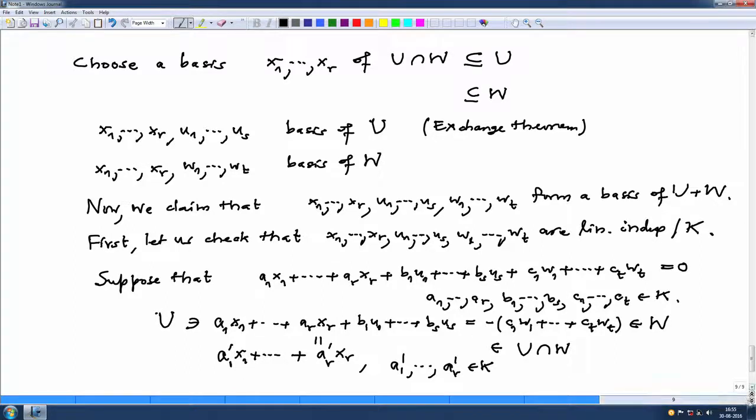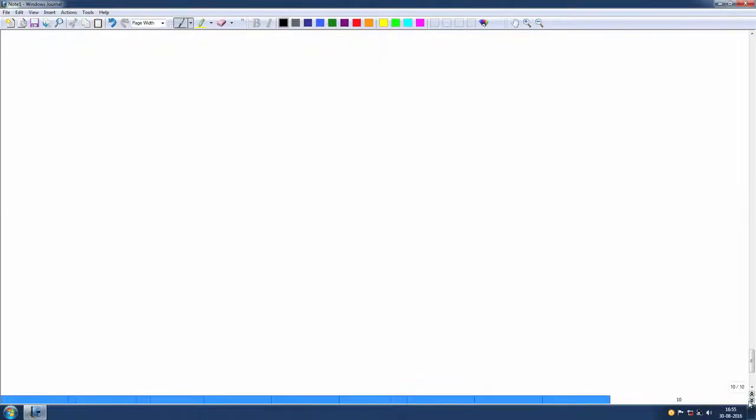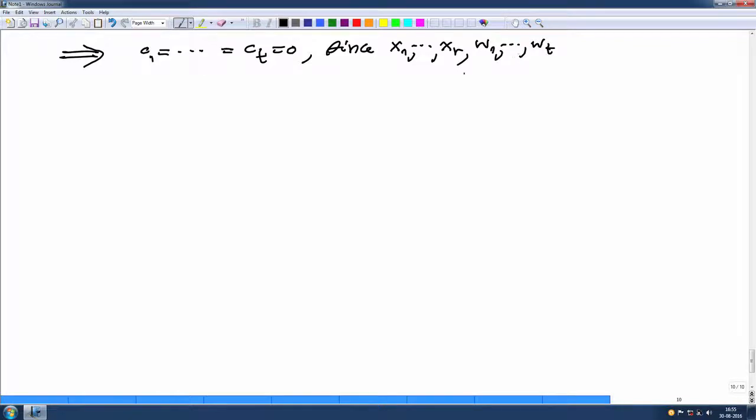So, that implies C1 equal to ... CT equal to 0, since x1 to xr, w1 to wt are linearly independent over K. So, we have proved C's are 0.